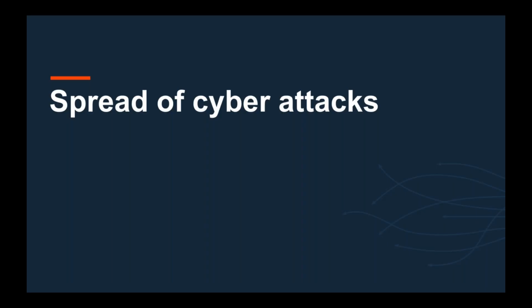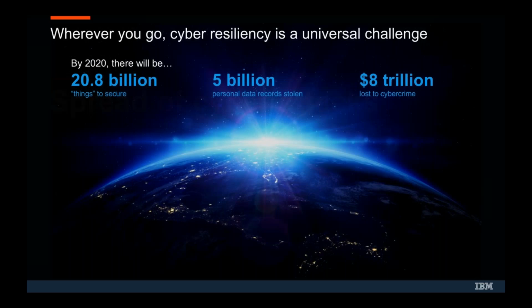And cyber attacks are spreading at an unbelievable pace. Wherever you go, cyber resiliency is a universal challenge. So some statistics to look at here: by 2020, there will be 20 billion things to secure. The Internet of Things is really changing the way we look at devices that we have on our networks.